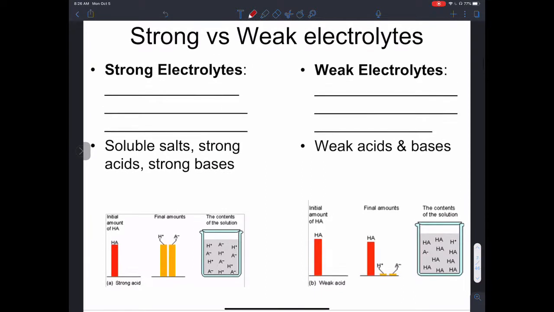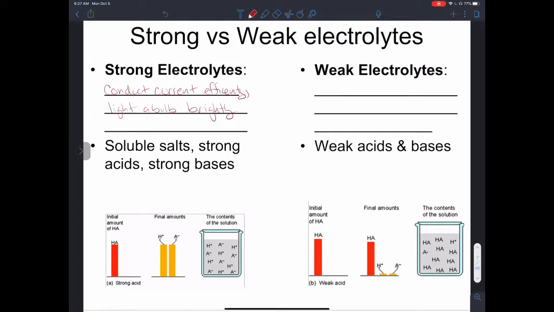Let's talk a little bit more about strong versus weak electrolytes. And this is also our last slide for today. So thank you for hanging in there. Strong electrolytes, remember, are strong because they conduct current efficiently. They light a bulb brightly.